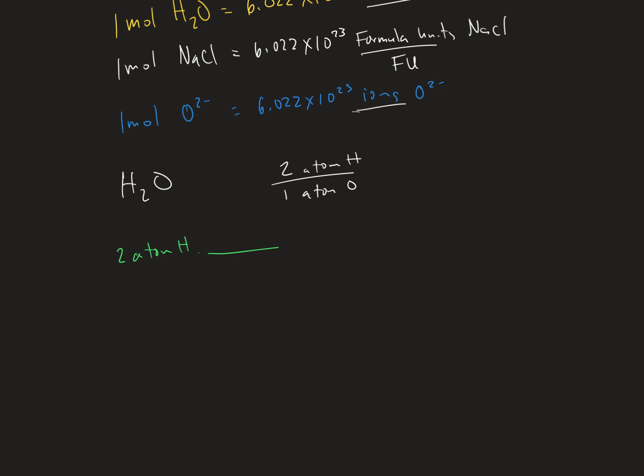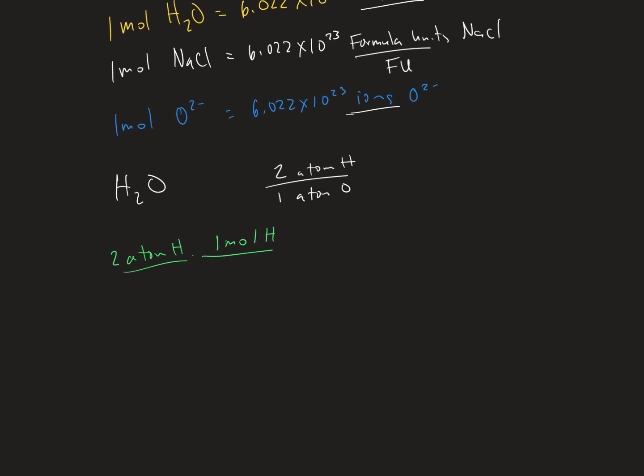So we're just converting hydrogen atoms to moles of hydrogen. You following me? So 1 mole of hydrogen is how many hydrogen atoms? 6.022 times 10 to the 23 atoms of hydrogen. What cancels?